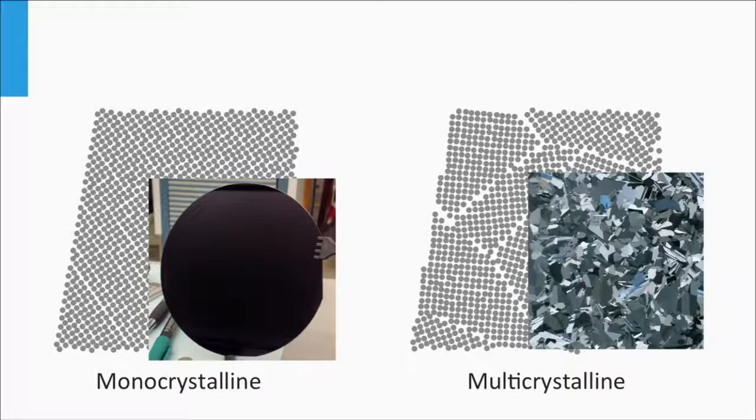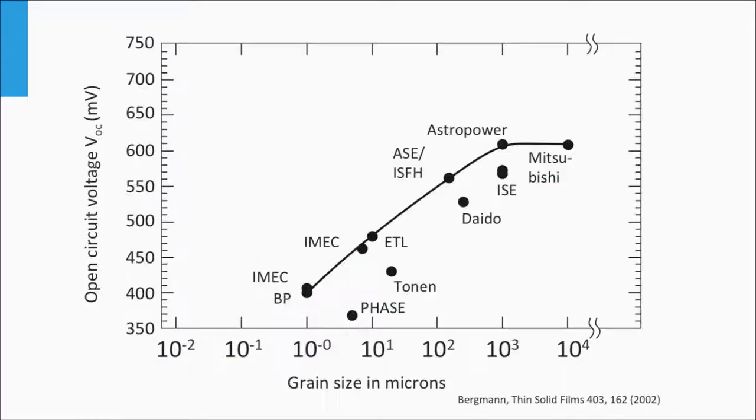As a result, many defects reside at the grain boundaries. Consequently, the lifetime of charge carriers in polycrystalline silicon is shorter than for monocrystalline silicon due to the Shockley-Read-Hall recombination. The more grain boundaries in the material, the shorter the lifetime of the charge carriers. It means that the grain size plays a role as well.